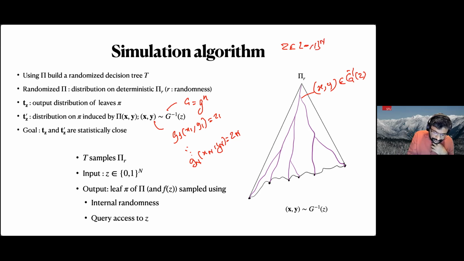Because we are fixing z to be some specific value, the xy that produces z will only reach some subset of the leaves of this protocol.